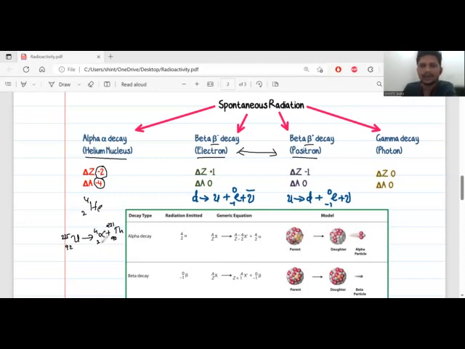And in these nuclear reactions, always remember to check whether the atomic number and mass number are conserved or not.